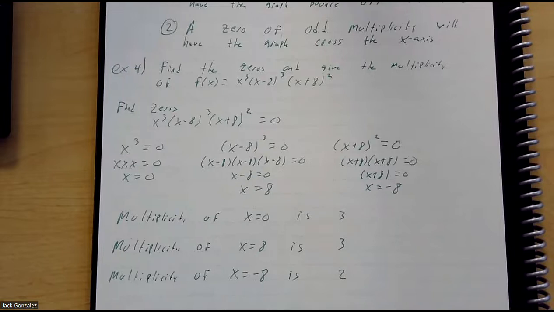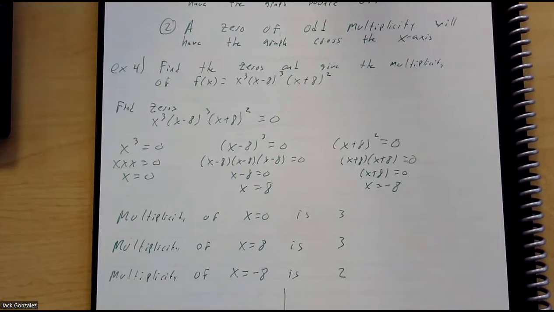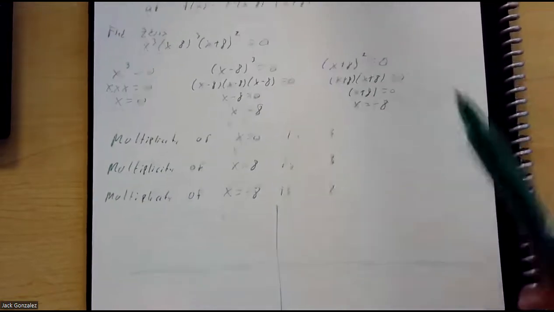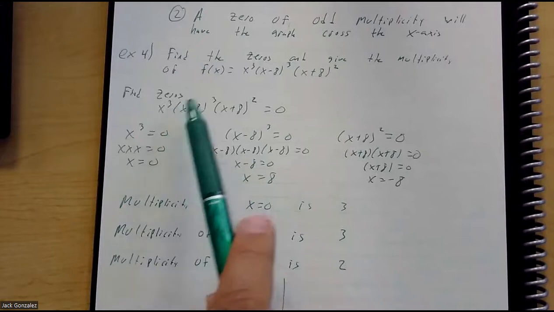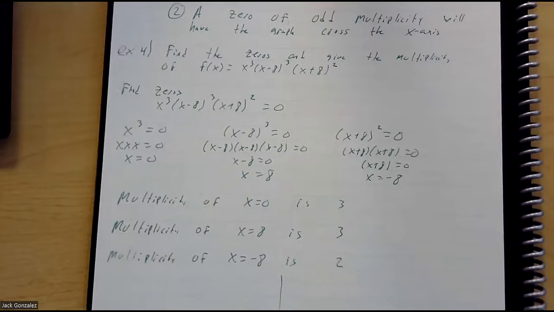So if you put all the ideas that we just talked about together, we can do a sketch of the graph. Now, if you count the powers, this is 3, 3, 2, right? That's degree 8.